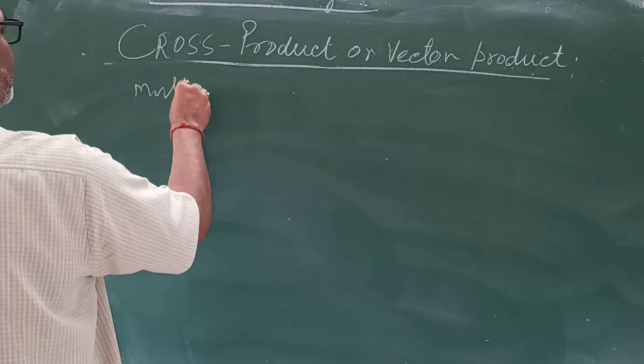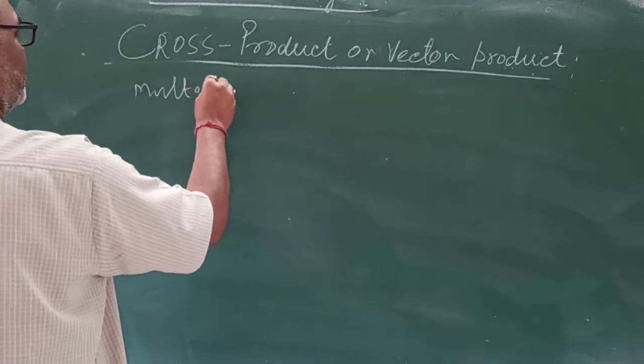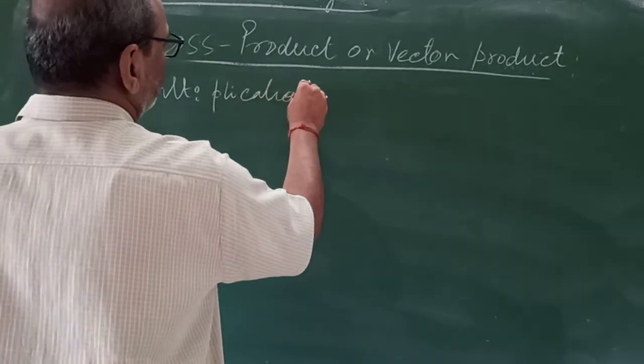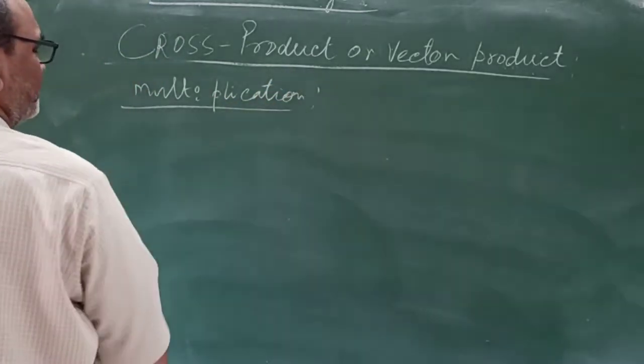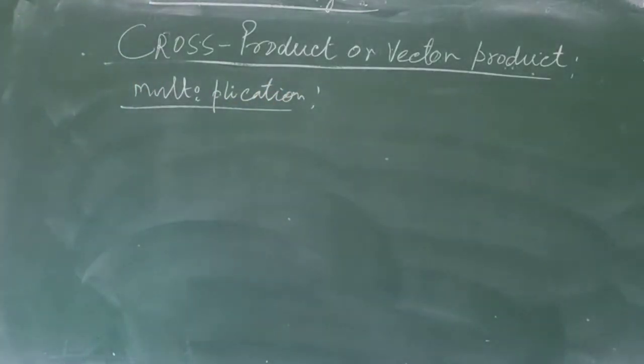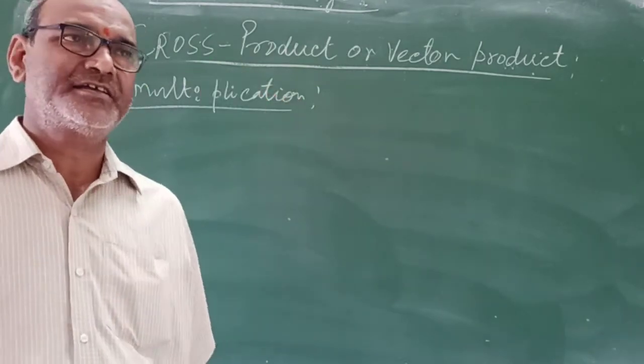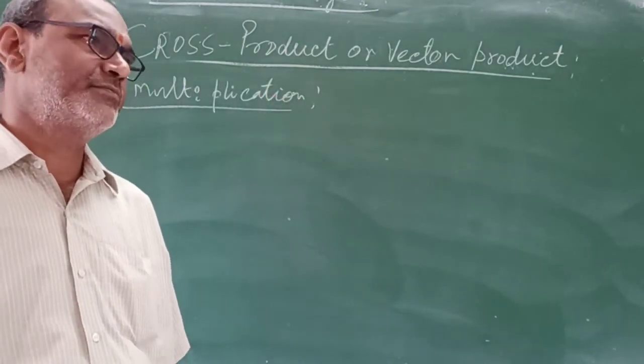Multiplication is very important. Keep in your mind, there should be no mistake. This cross product does not allow any error. If there is one minor mistake, then your complete sum will be 0.